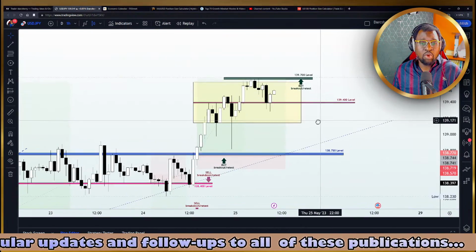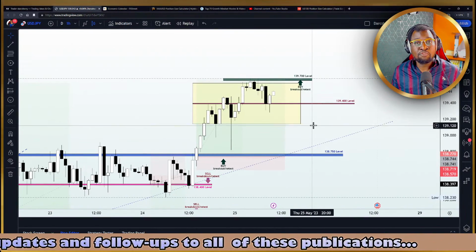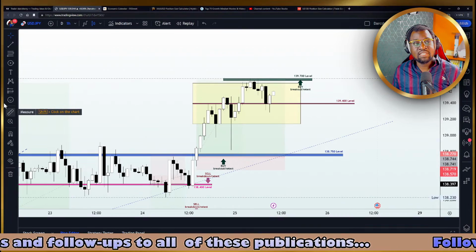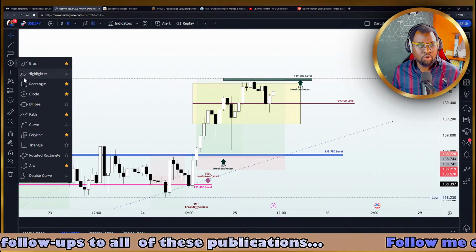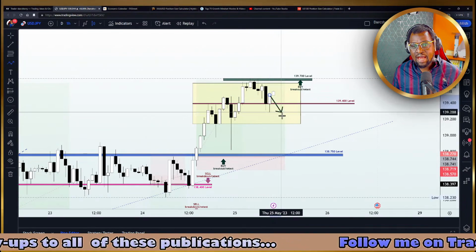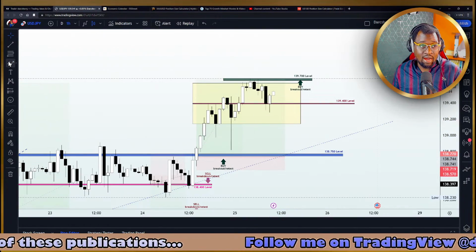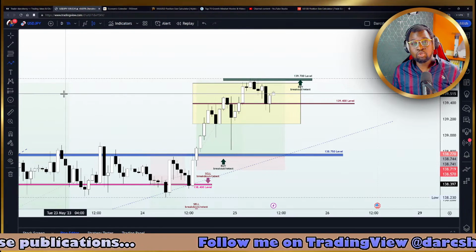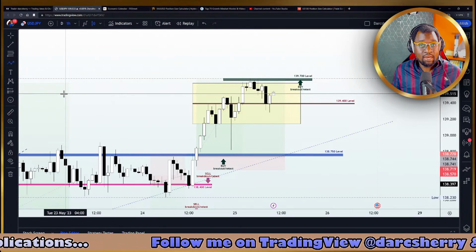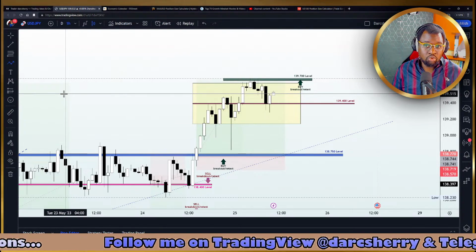Now, the next question we are trying to solve here is, what happens if price action does not drop below the 139.400, and instead continues to find higher highs? In that case, the whole structure we have here is likely going to transition into a trend continuation pattern.